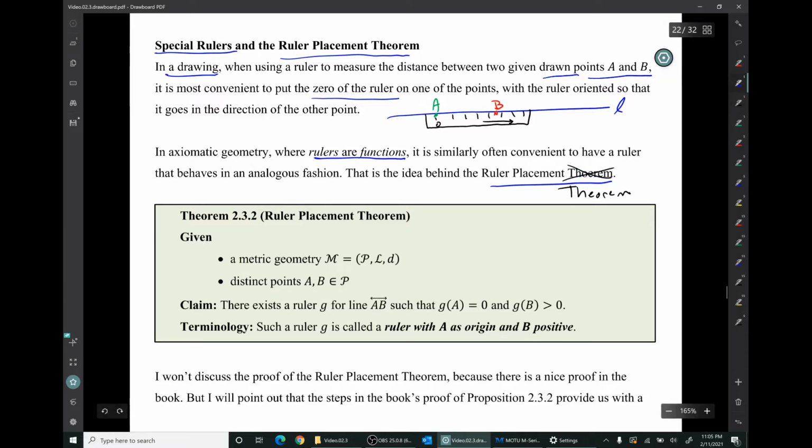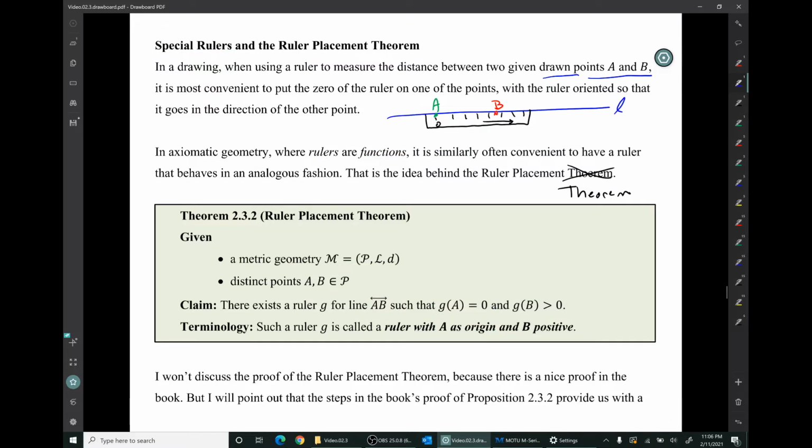The ruler placement theorem says this: given a metric geometry and any two distinct points, the claim is there exists a ruler G for that line AB that has these properties: G of A equals 0 and G of B is positive. We call this kind of ruler a ruler with A as origin and B positive. In other words, the analog to this kind of ruler in a drawing.